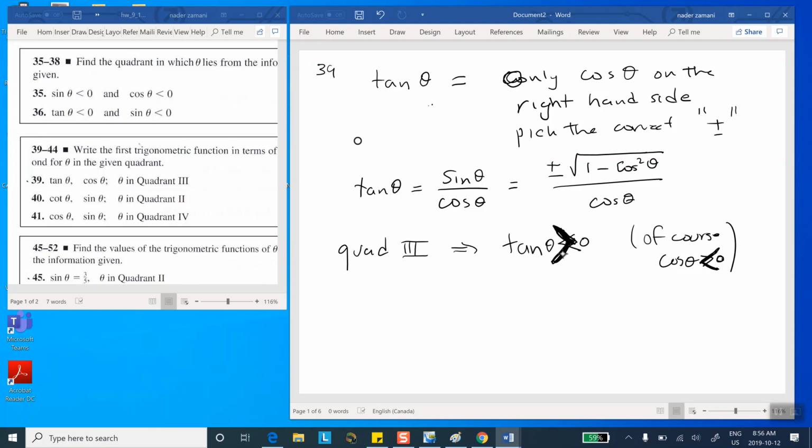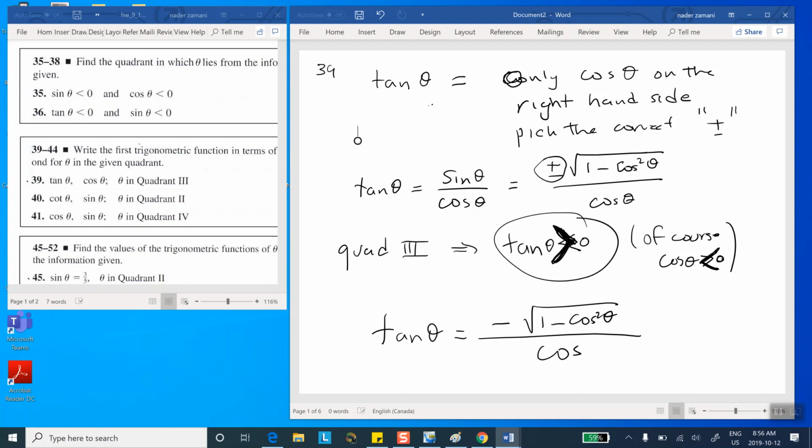Quadrant 3 means tangent of theta is positive. Of course, we know in quadrant 3 cosine of theta is negative. So in the numerator, you have to pick the correct algebraic sign such that it makes the entire ratio a positive number. So the correct answer is tangent of theta equal to minus square root of 1 minus cosine squared theta over cosine of theta.